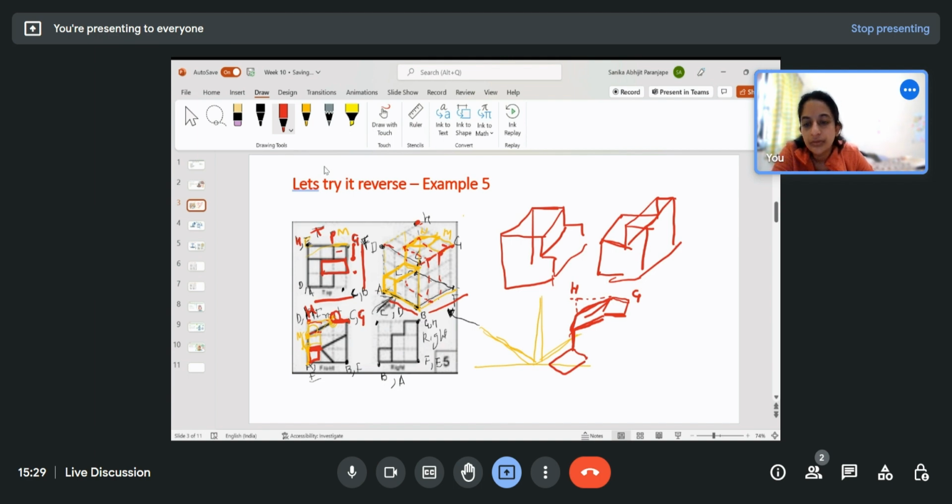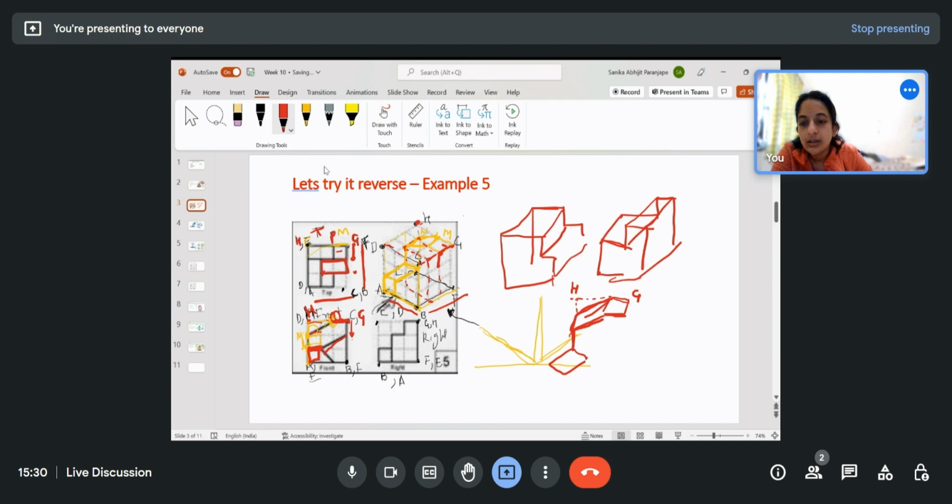So from the front view, I see that it is a slant like this. So that means, from where is it a slant? From one square side below the point G or C. That is, I need to come down here and then I'll have a slant till there. So how do I locate this point?